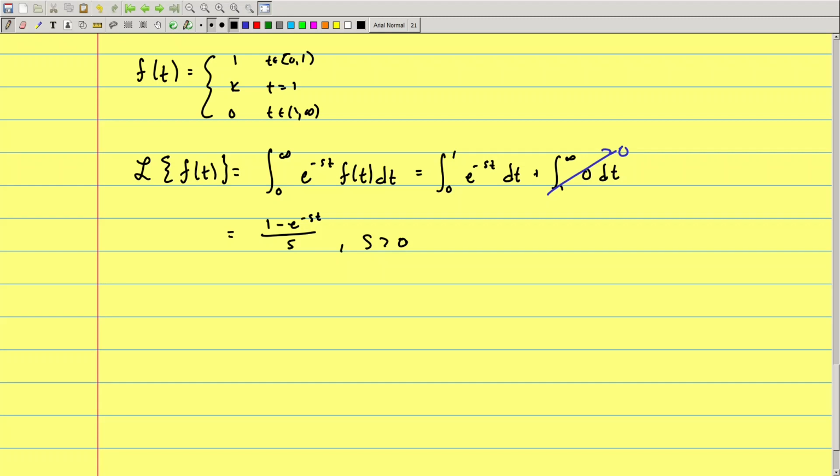So this is another example of some function here.